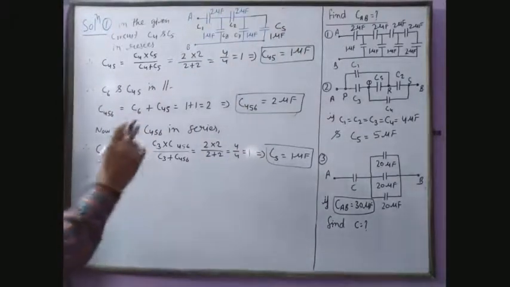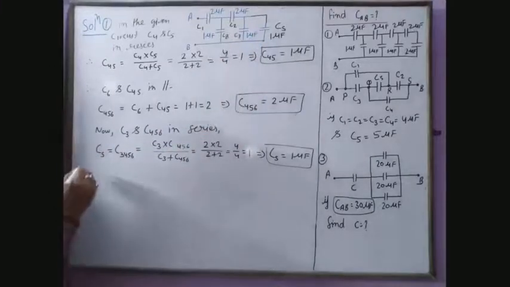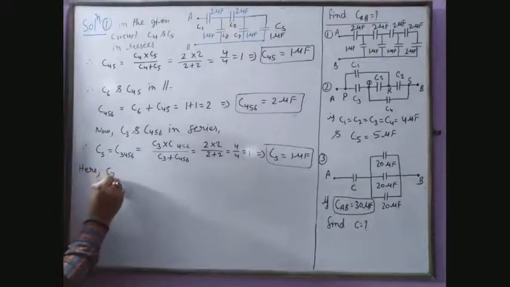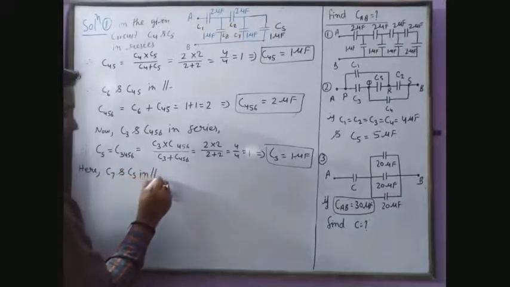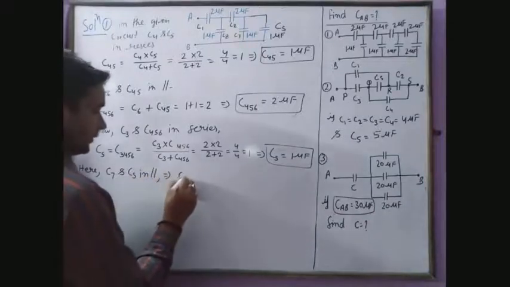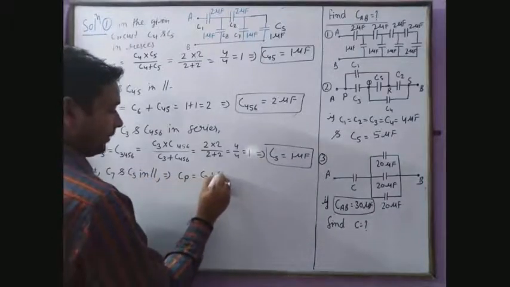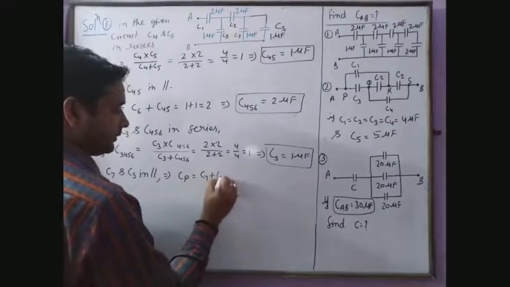Okay, now again here C7 and CS are in parallel. Therefore CP we calculate as C7 plus CS.